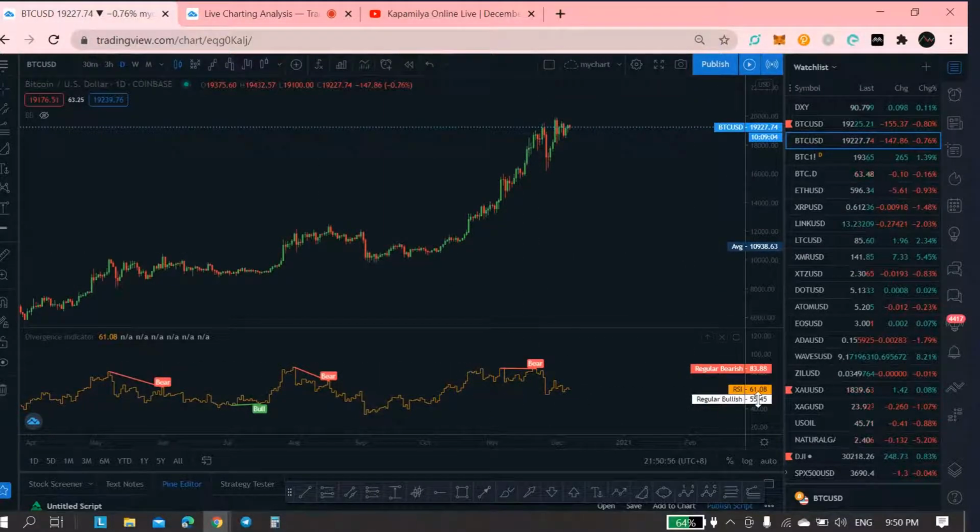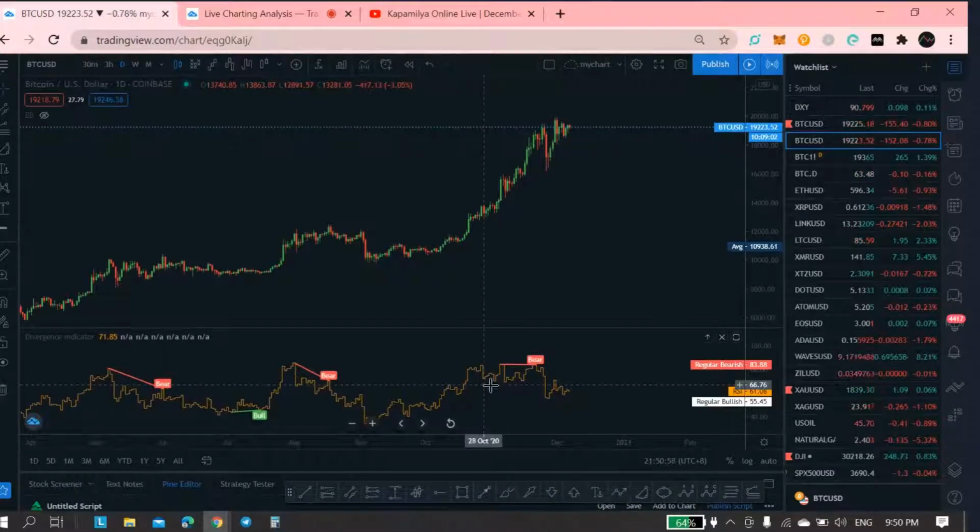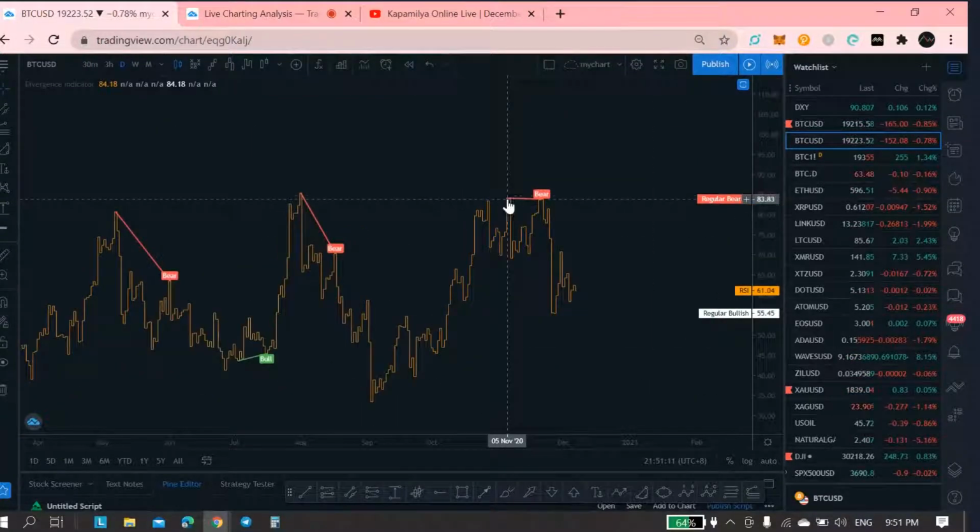Let me check the RSI value, which is 84, and this one is 83.88. So the indicator here is actually going down.